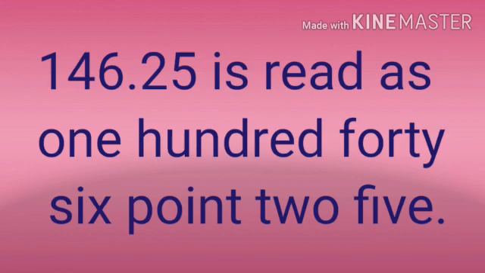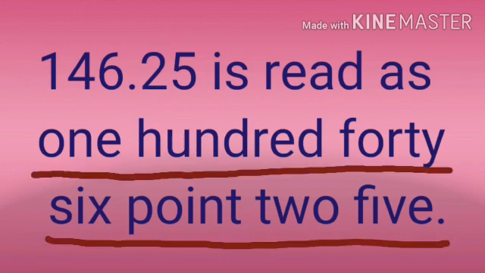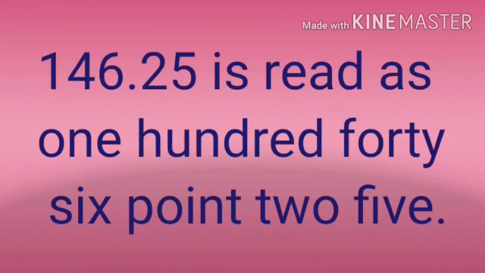For example, 146.25 is read as 146 point 2 5. It means before the decimal point, the number is read as whole number, that is 146, and after decimal, it will be read digit wise, that is 2 5.